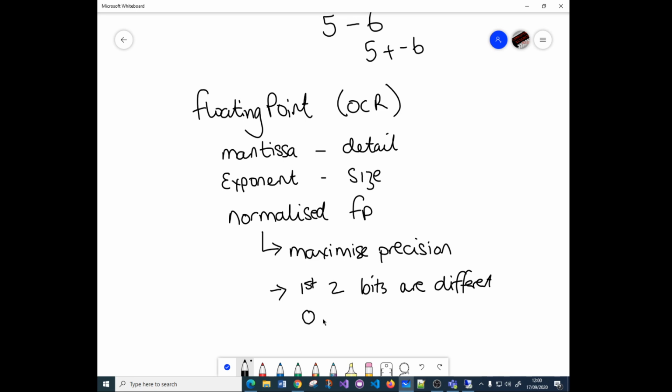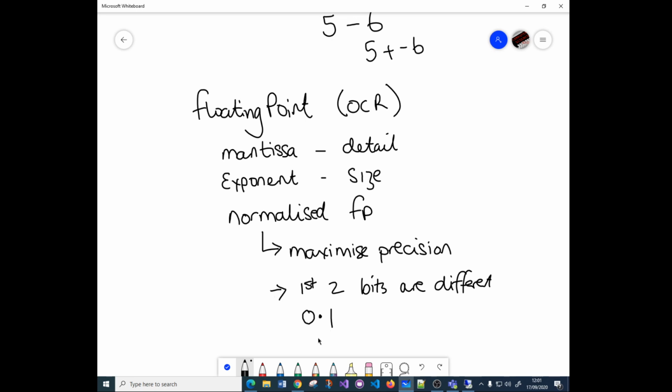Remember the binary point is implied. It isn't actually there. You're not going to store that. It's implied that it's after the first bit. So that doesn't exist, but a number, if it's normalized, would always start 0 1 if positive.